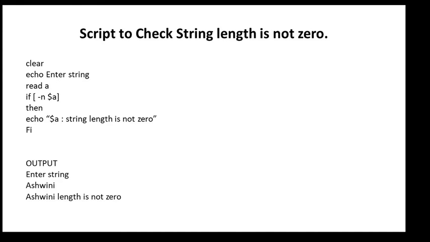We'll give one string here, and it is going to check the length of the string. -n is used to find the length of the string. -n $A, then echo "the given string length is not 0". See the output: enter the string. I have given Ashwini. Ashwini length is not 0.